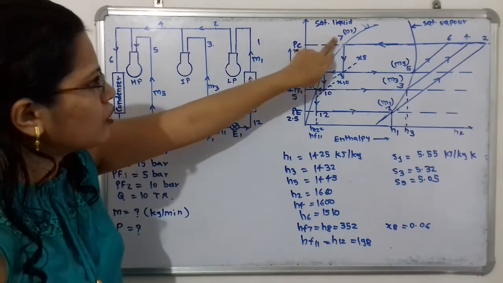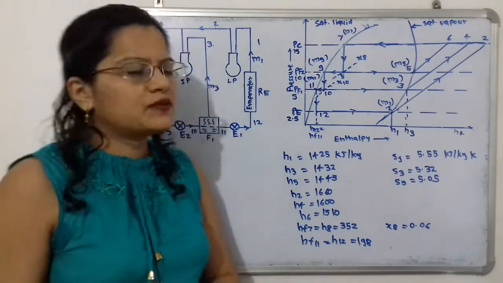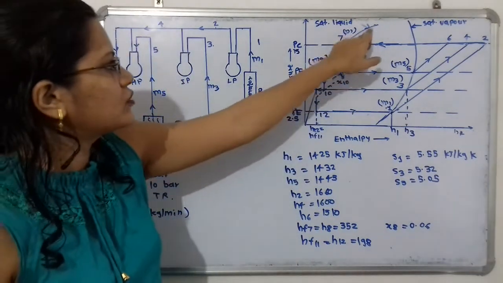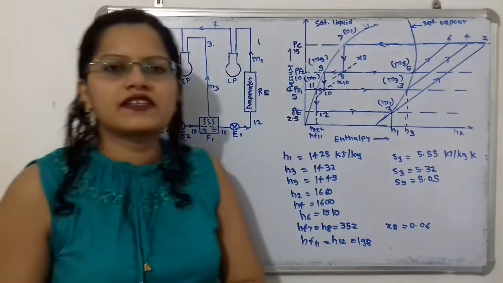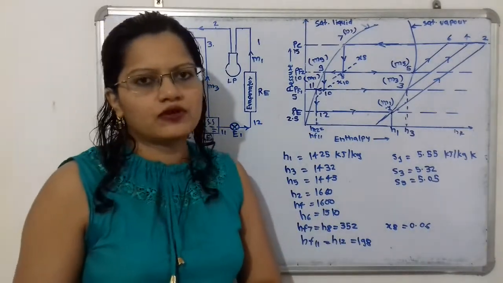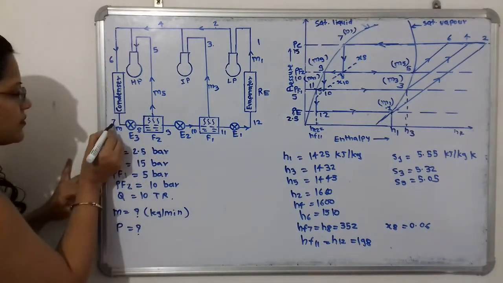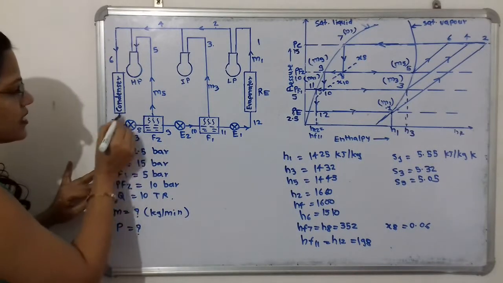Now what is the enthalpy at this point 7? This point 7 is on the saturated liquid line, so we will say HF7, and HF7 is equal to 352 kilojoule per kilogram.